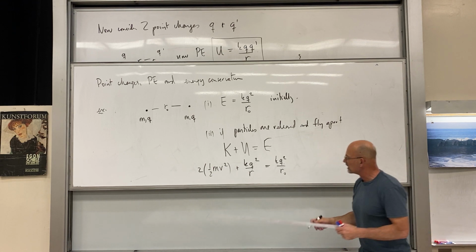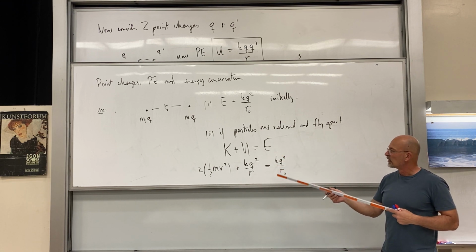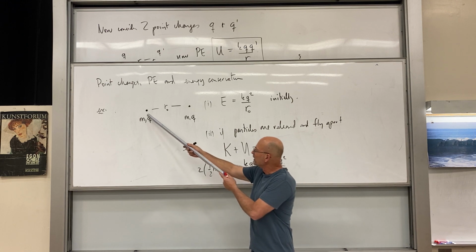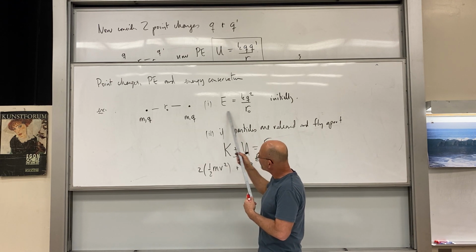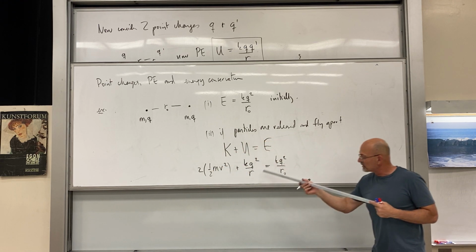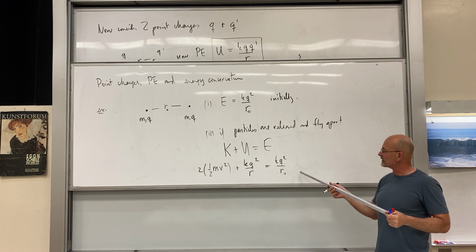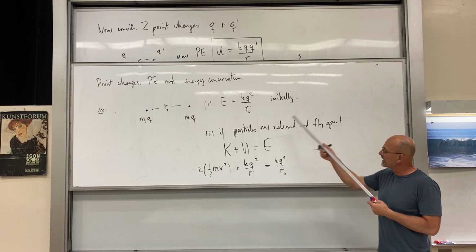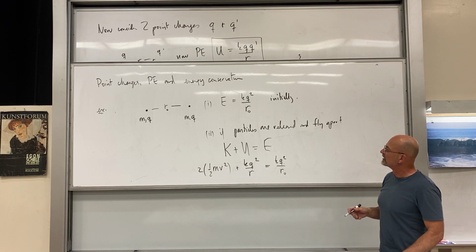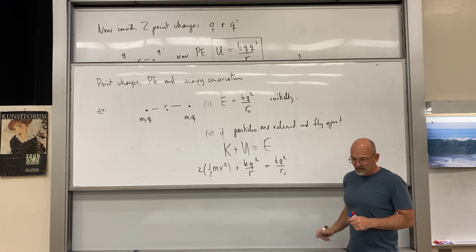And we could do this for a collection of masses as well, or we could say one particle is nailed down and the other one flies away or approaches. It's all very basic conservation of energy. We're going to use this to talk about the Rutherford experiment later. This basic calculation here. Good, so there's that.